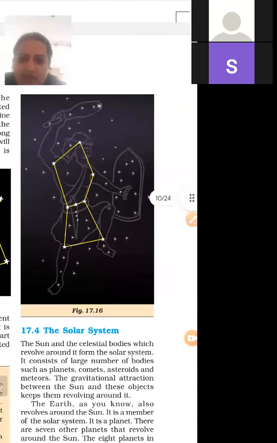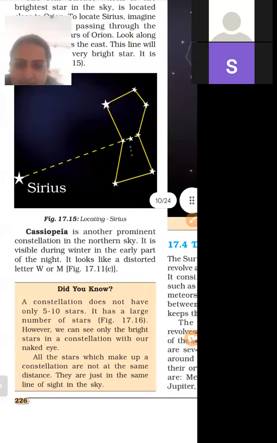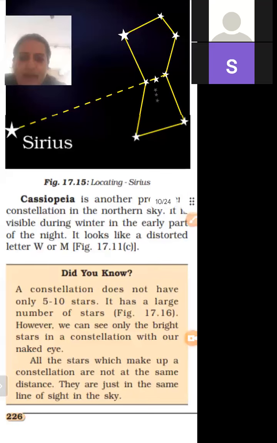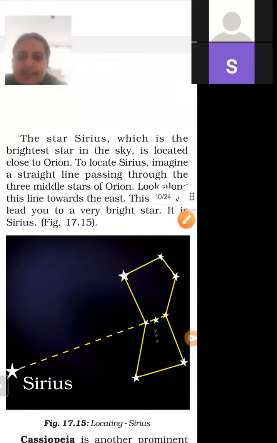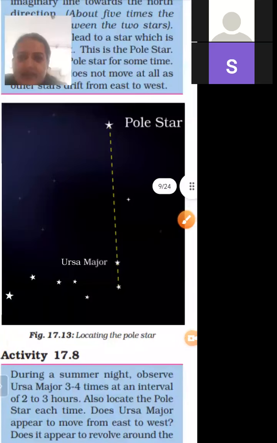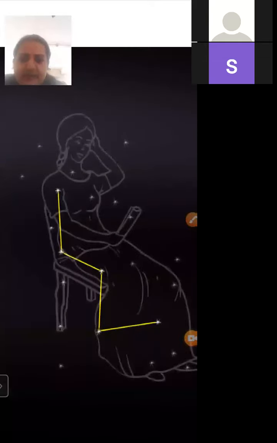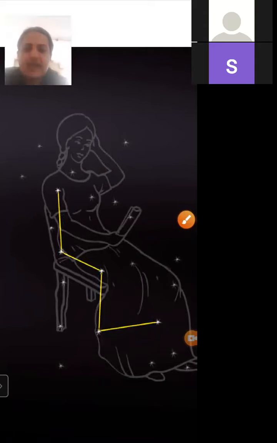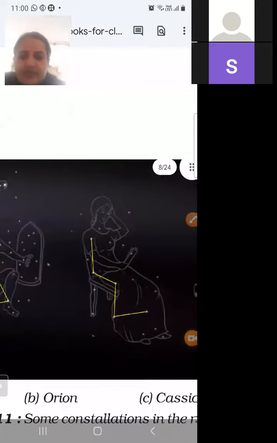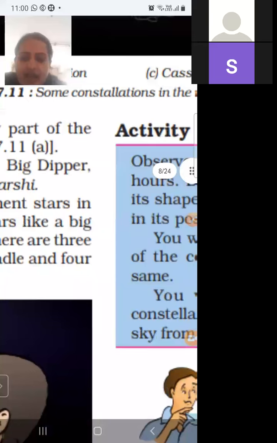This shape is similar to a distorted W or M. So you have to remember Cassiopeia: it is visible in the winter, and its shape is similar to a distorted W or M. You have to remember the shape of this Cassiopeia.